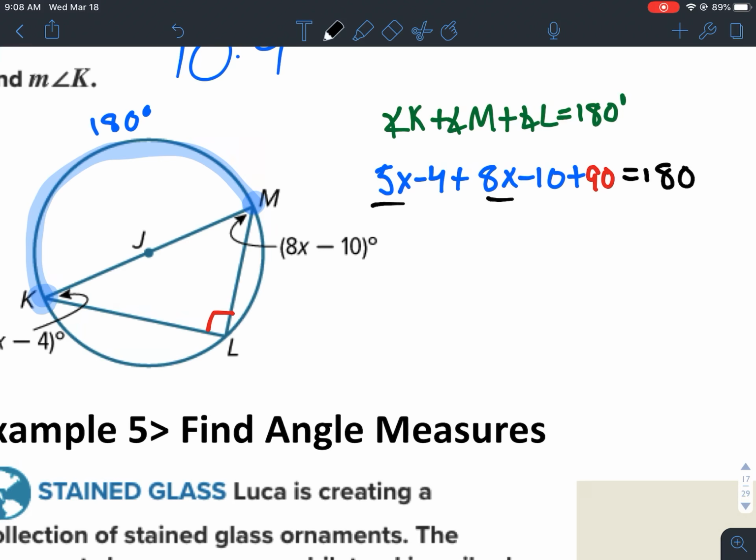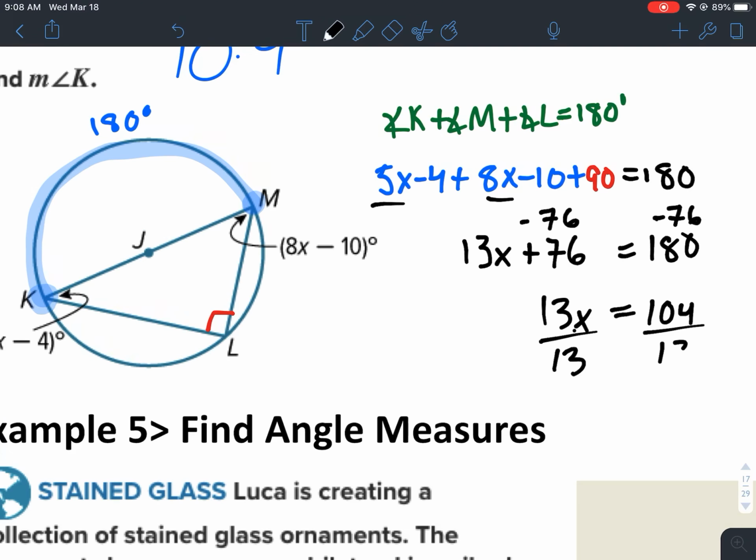So combining like terms, we get 13x, and then 90 minus 10 minus 4, that is going to be 76. And I know you guys can use your algebra skills to find out what x is. Subtract 76. 13x equals 104. Divide, x equals 8. But again, that doesn't answer our question. Our question is asking us to find angle K, so we got to use that information and plug it back into x here.